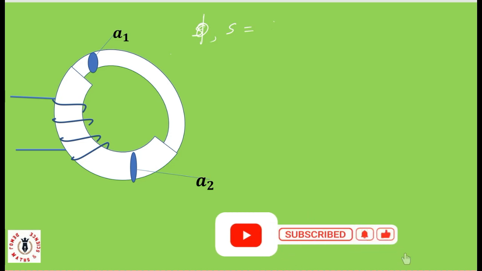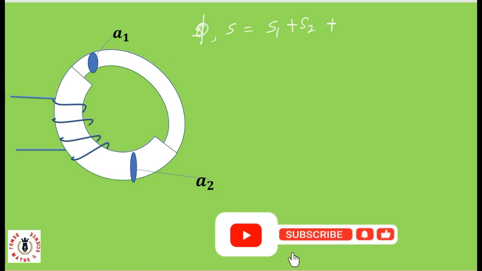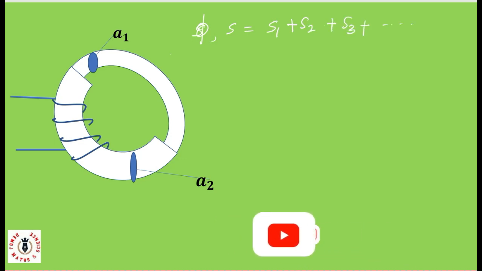That is, S will equal S1 plus S2 plus S3 until Sn. Remember that S from our lesson on reluctance is the same thing as L over mu naught mu r A.